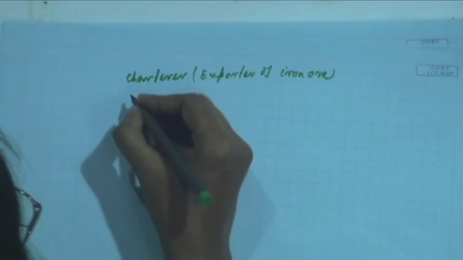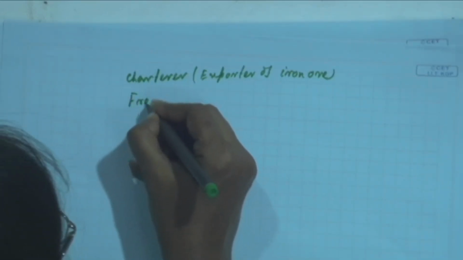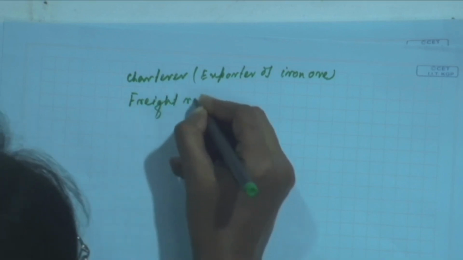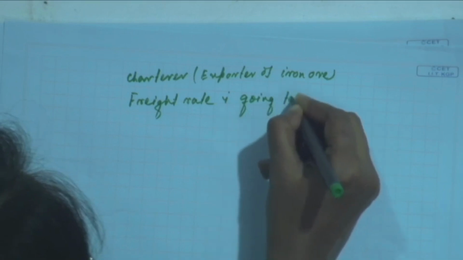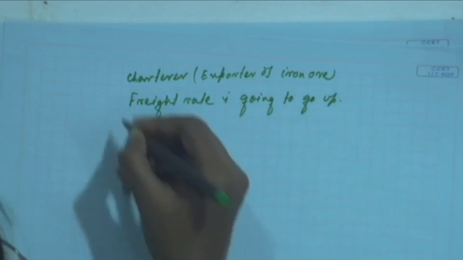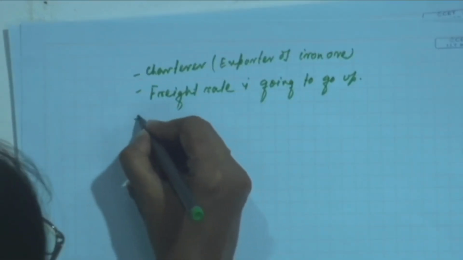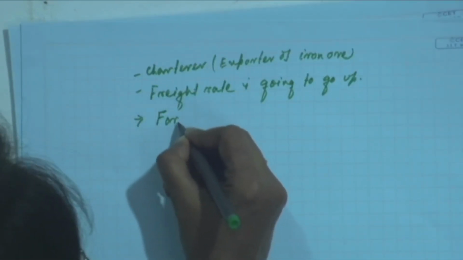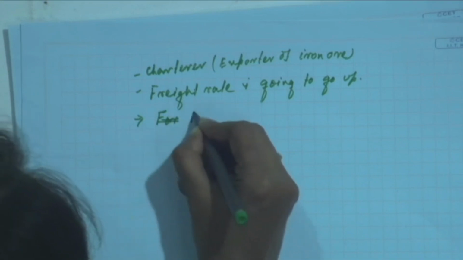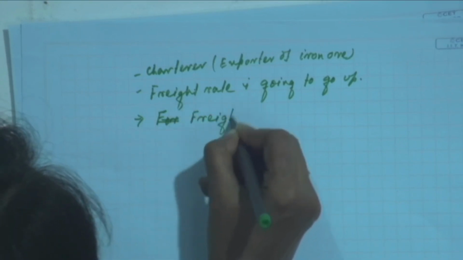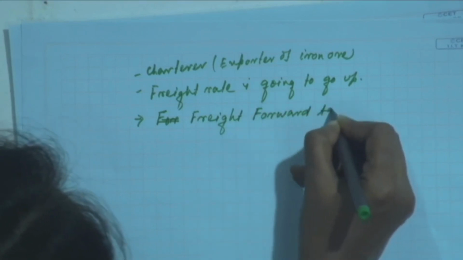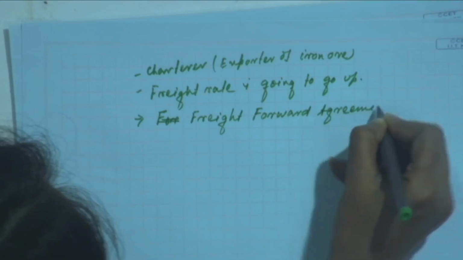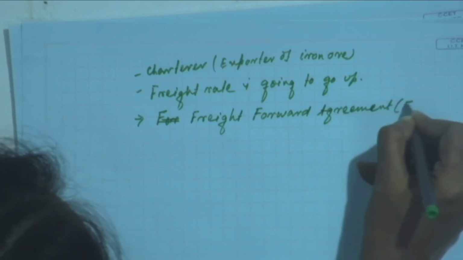Its fear is that the freight rate is going to go up. And how will it be able to mitigate that risk? It enters into a freight forward agreement, that is, your FFA.